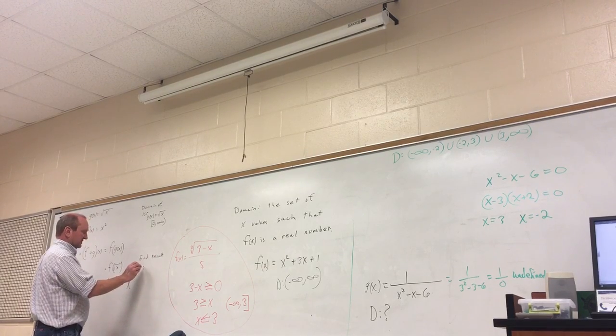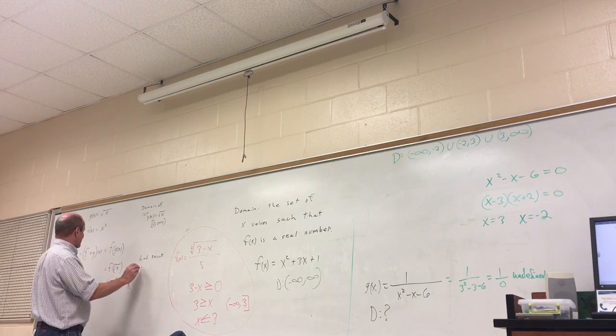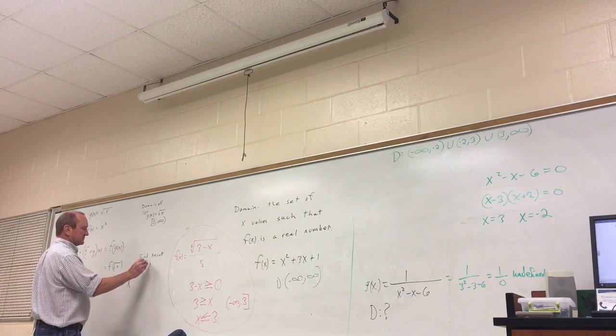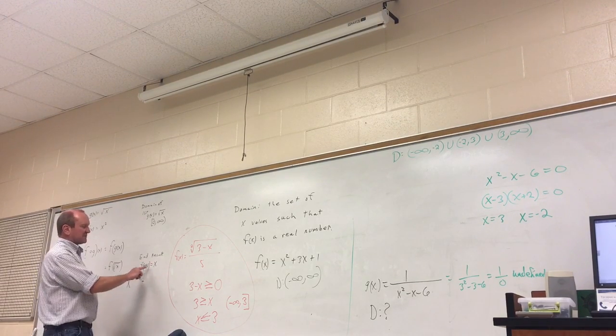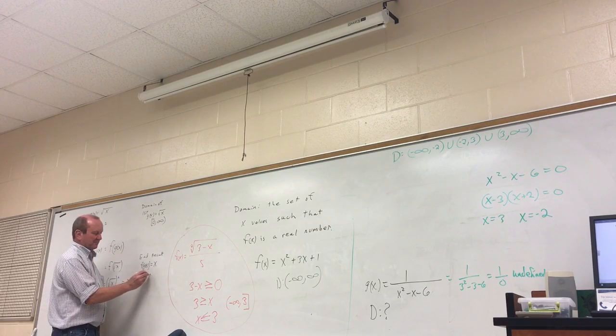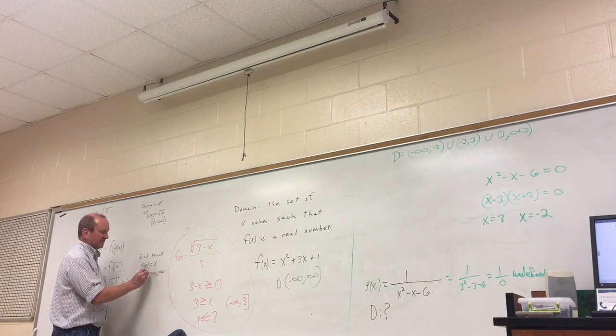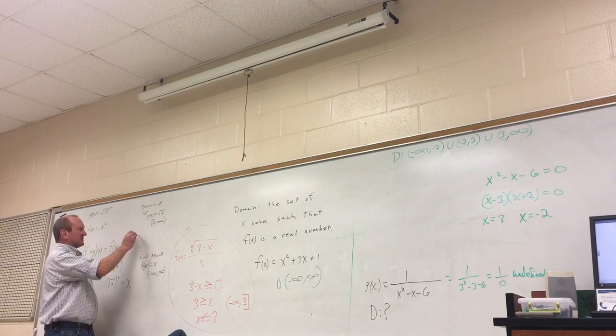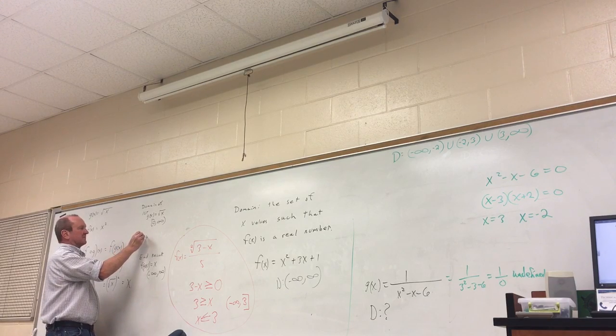And then we look at the result. That function is x. So if I just look at x, what's its domain? All real numbers. So now this is where we want the intersection of these two.